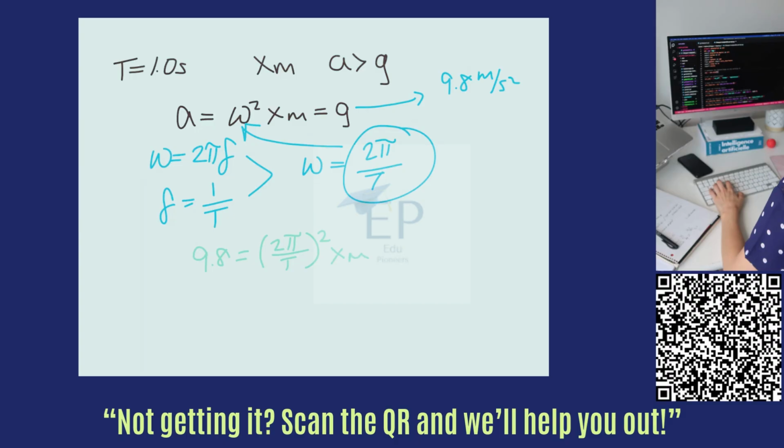And so we can then solve for our xm, because we can replace our T with our known value of 1.0, and we end up with xm equals 0.25 meters. And so that is the amplitude at which the block with this period will start to separate.